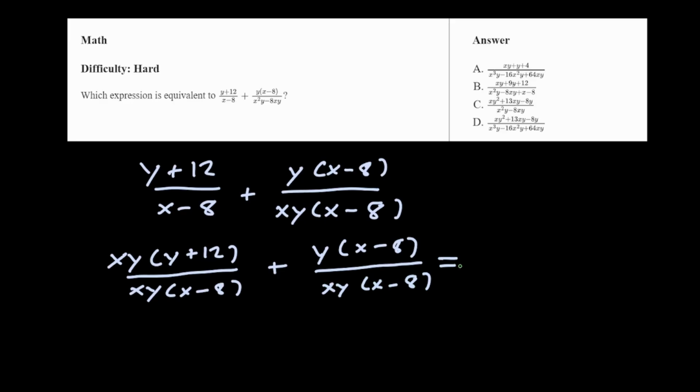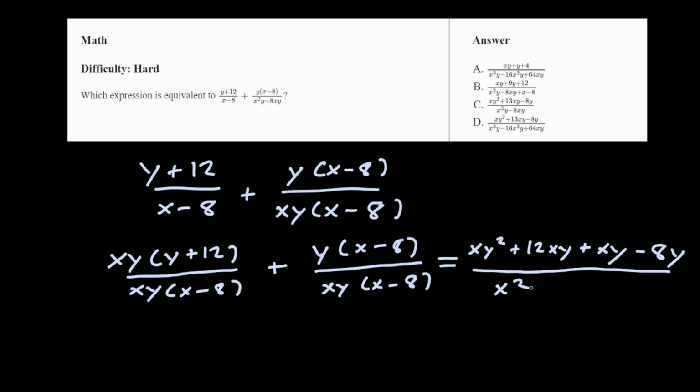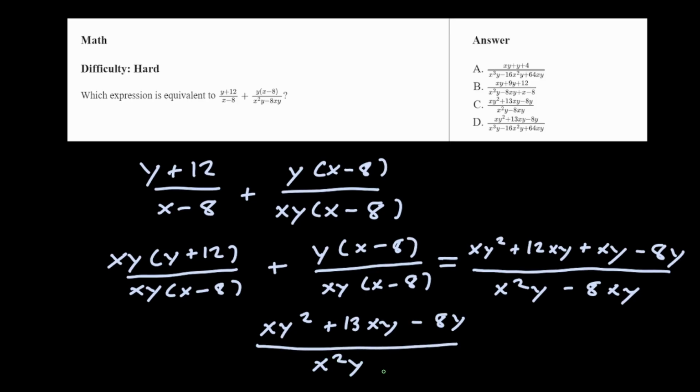We can then simplify this to xy squared plus 12xy plus xy minus 8y all over x squared y minus 8xy. Combining like terms, we get xy squared plus 13xy minus 8y over x squared y minus 8xy. Getting our answer as C.